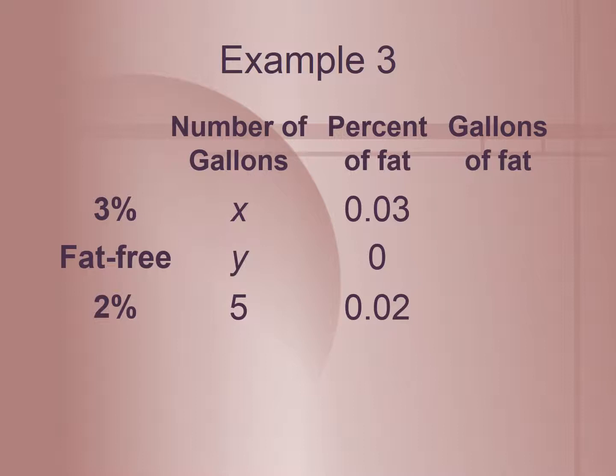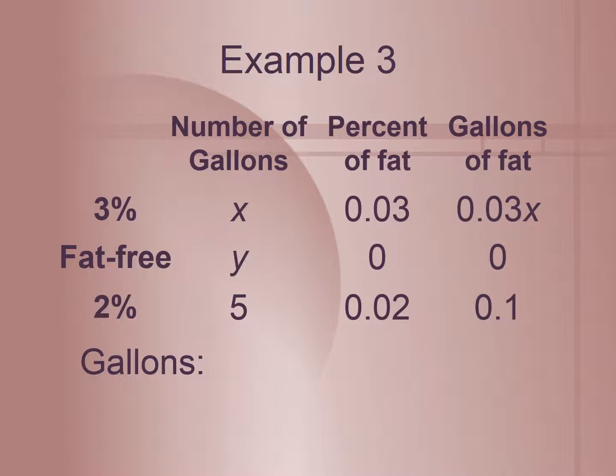And then gallons of fat, remember you get your gallons of fat by multiplying. So X times 0.03 is 0.03X. And then Y times 0 is going to be 0. And then 5 times 0.02 is going to be 0.1. So we are creating something that has 0.1 gallons of fat. Okay, so now let's make our system of equations.